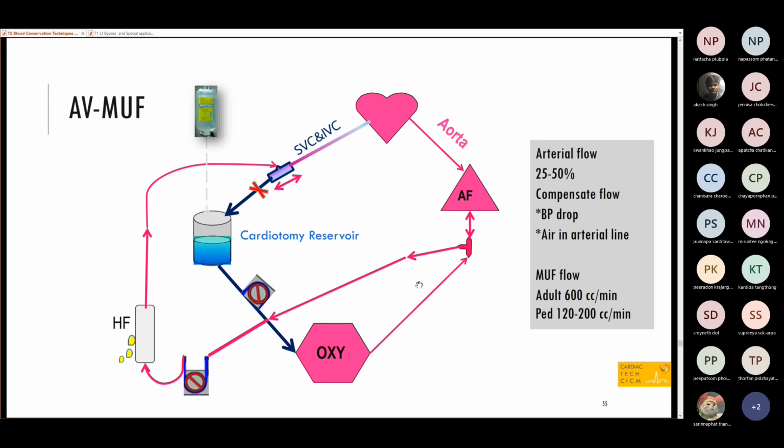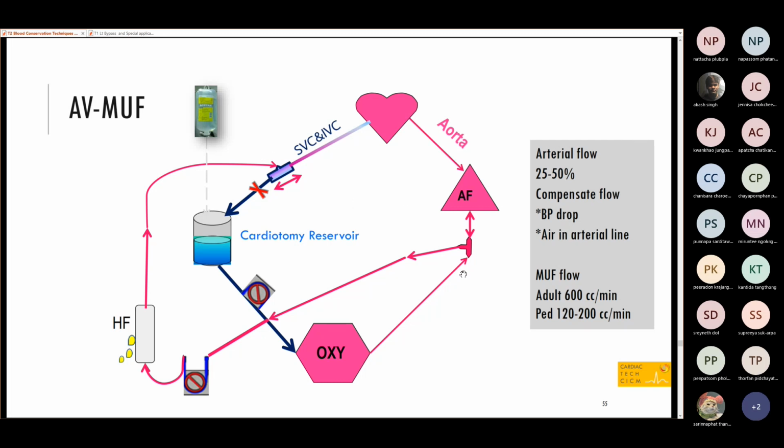This circuit connects another line to the hemofilter here and goes back to the SVC or IVC catheter or cannula.